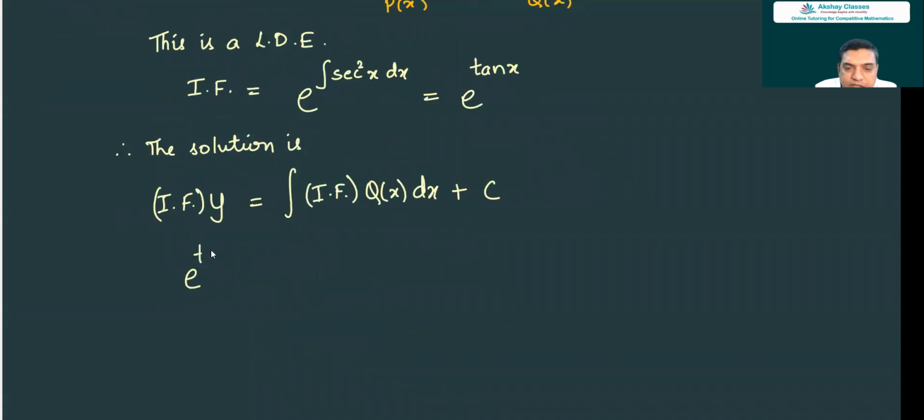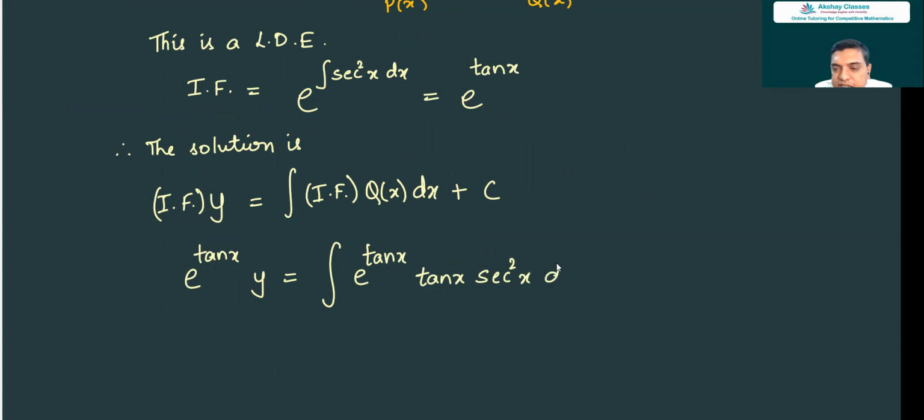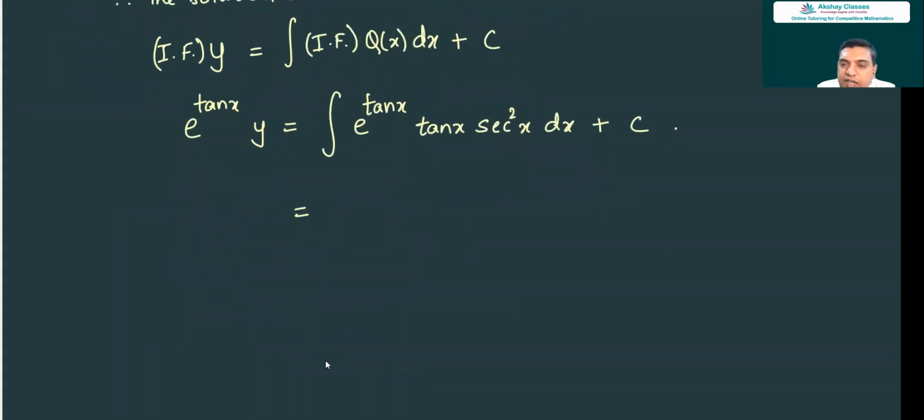So e^(tan x) times y is equal to the integral of e^(tan x) times tan x times sec²x dx, plus c. To solve the right hand side, put tan x equal to t. So e^t times t, and sec²x dx will be dt, plus c.